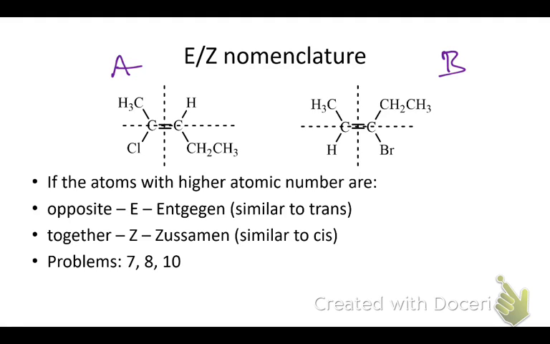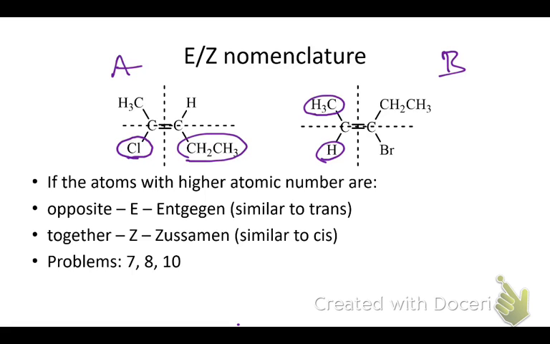Okay. So this one and this one are together, and when we use the atomic numbers to do it, it's called zusammen, Z for being together. Okay, what about this one? I'm comparing now. I have a CH3 and an H, right?